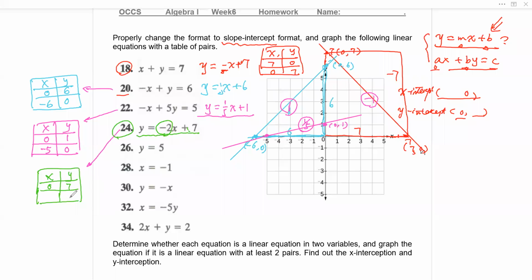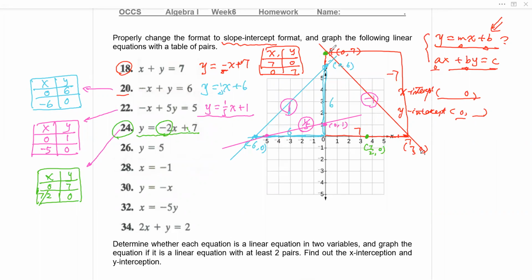When y equals 0, x equals what? 7/2, right? 3.5. So it passes 3.5, which is right here, and also passes (0, 7), which is the same dot here.